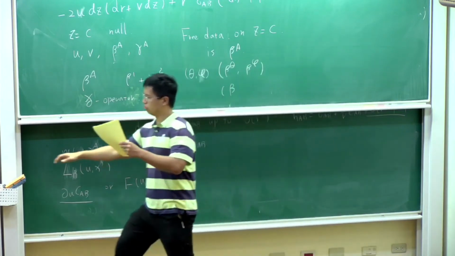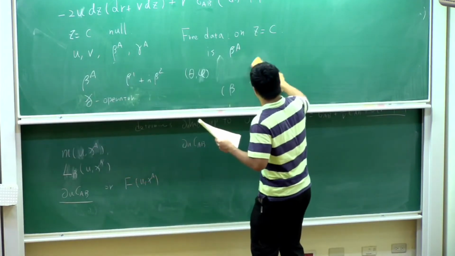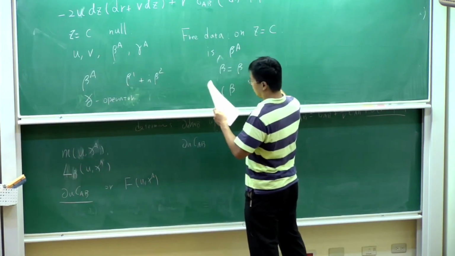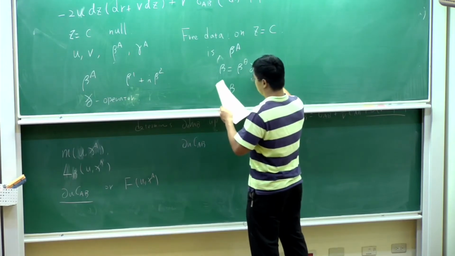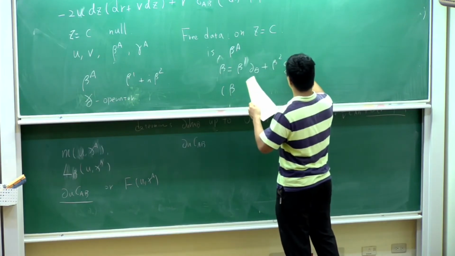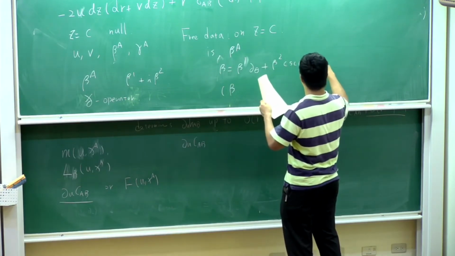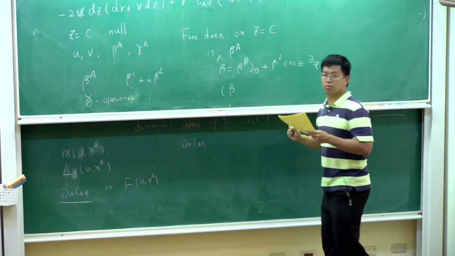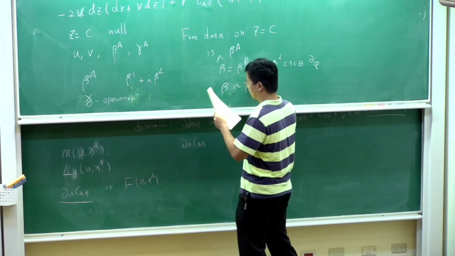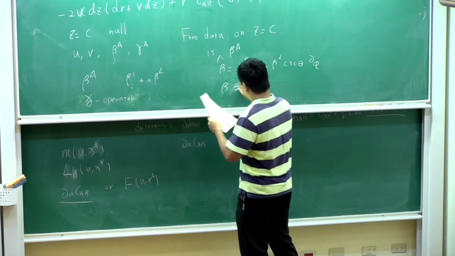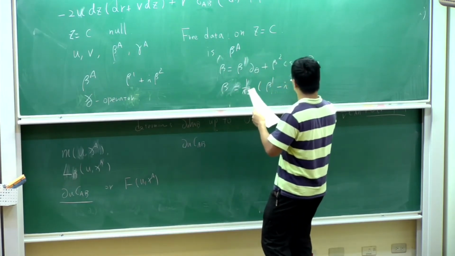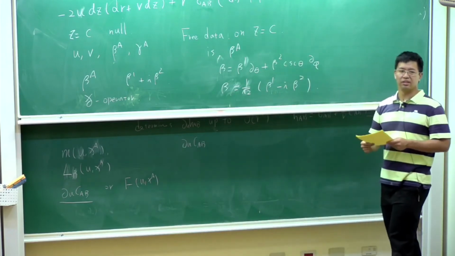Sorry, my bad. Beta is, write it this way. Otherwise, I confuse myself. If I write it this way, then I will identify beta with this complex value function.